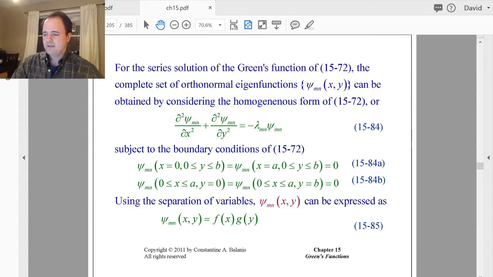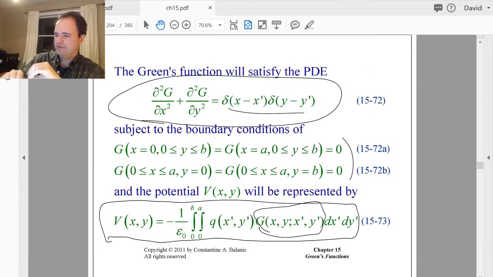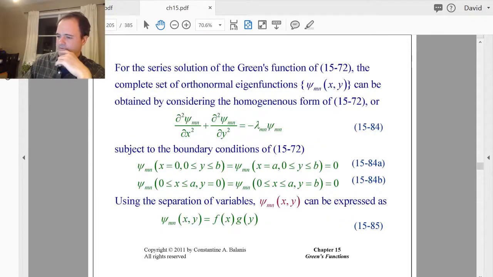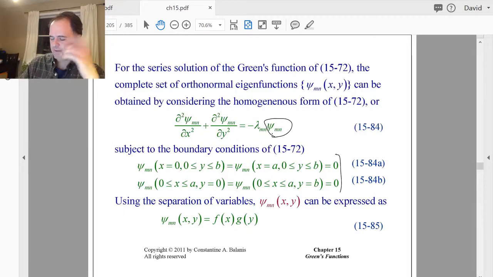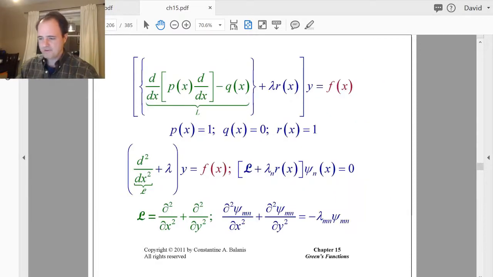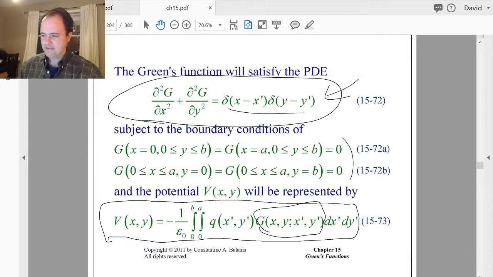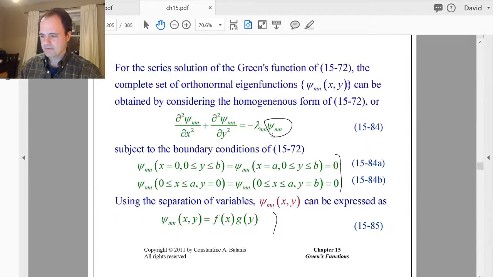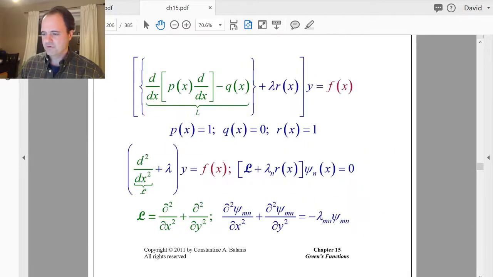Okay. So we go back and we need to look at the homogeneous equation of this. So we need to now find the eigenfunctions and eigenvalues, subject to the same boundary conditions. Okay, we go about this at first in a very similar way, where we first cast this equation, any one of these equations, G or this one here, in the form of a Sturm-Liouville.